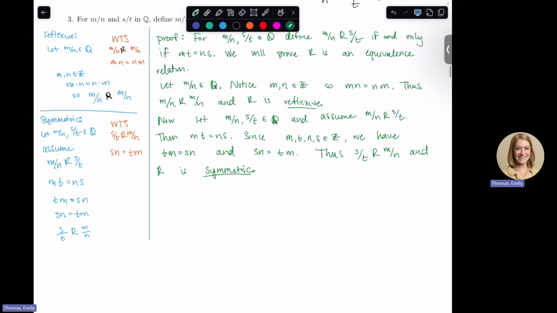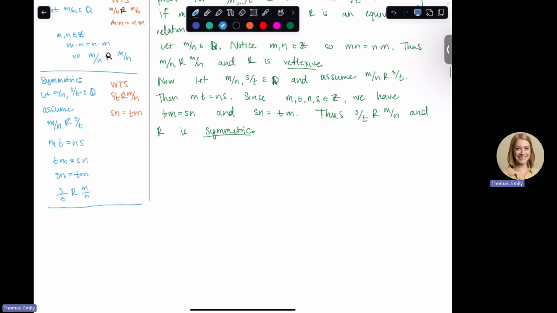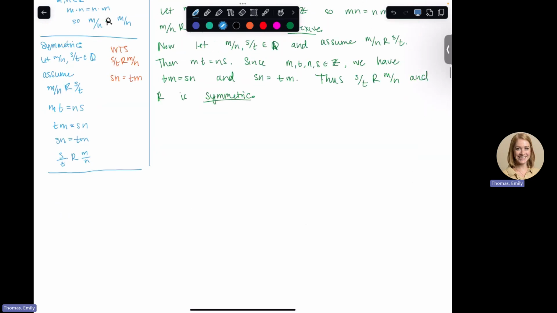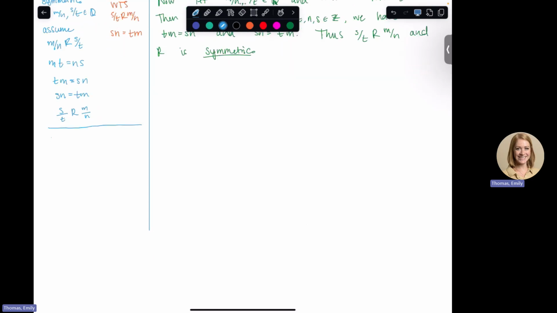Now she's settled. She can do the transitive property. How are we going to prove that this thing is transitive? Carefully. Deep breath.